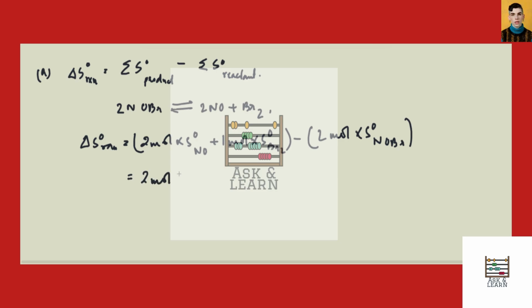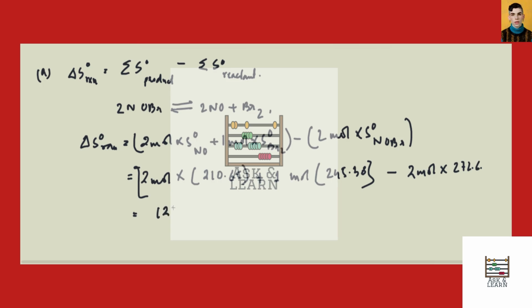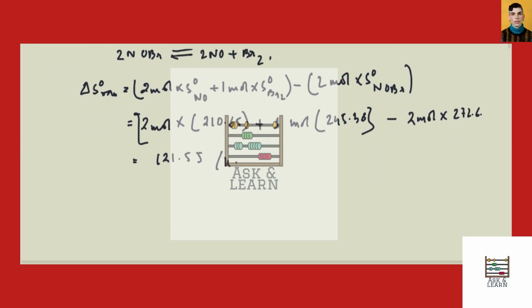So we have 2 moles multiplied by 210.65 plus 1 mole of 245.38, minus 2 moles of 272.6, that is 121.5 joules per Kelvin.